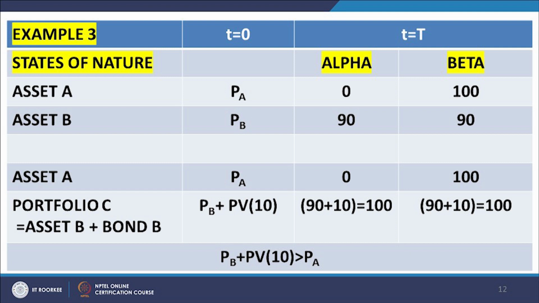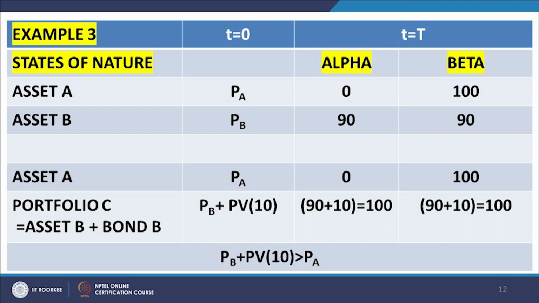If state alpha arises, what we find is that portfolio C is definitely superior to asset A. Asset A is having a payoff of 0 and portfolio C is having a payoff of 100. This total, 90 plus 10, is 100, and here 90 plus 10 is 100. So, I can write this total here as 100, and I can write this total here as 100.